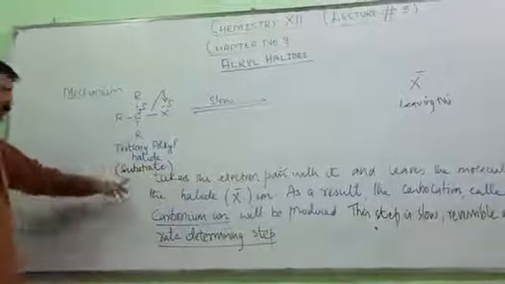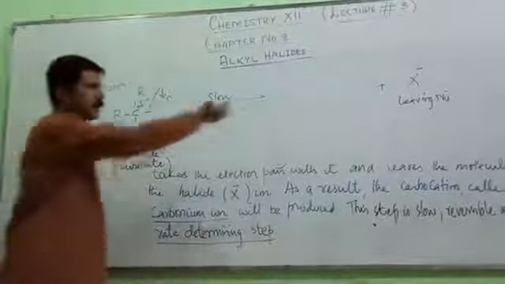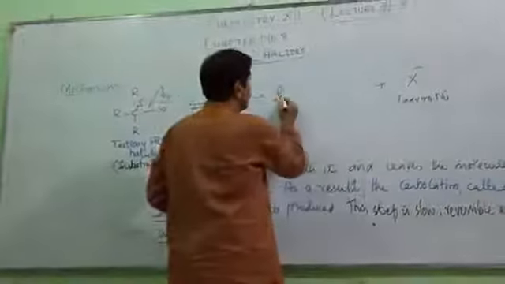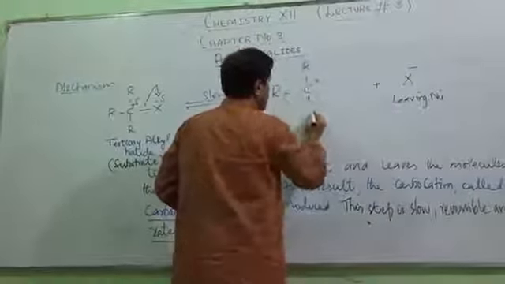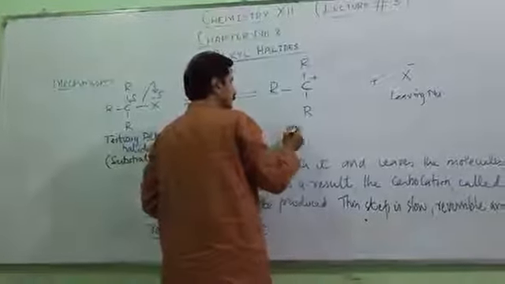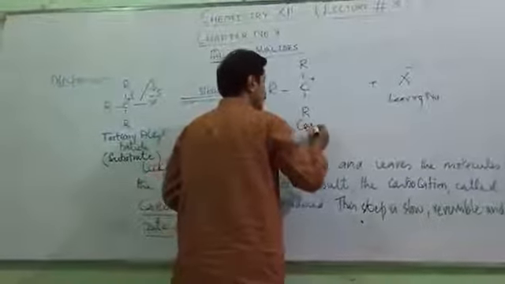The tertiary alkyl halide molecule is called the substrate. After leaving the substrate molecule, the halogen atom will be called the leaving nucleophile, while the carbon carrying positive charge on it is now called the carbonium ion. We call it simply tertiary carbonium ion.